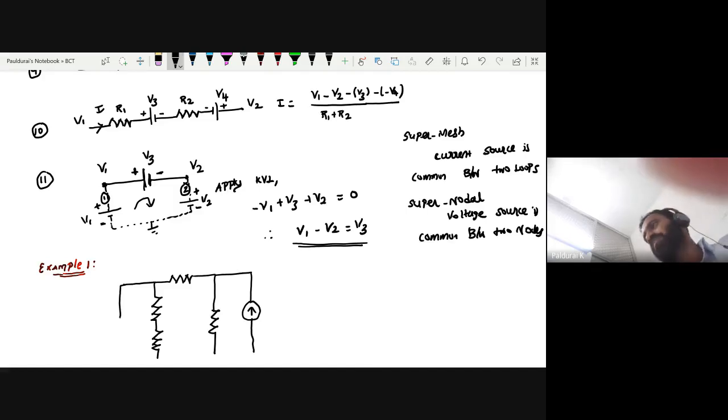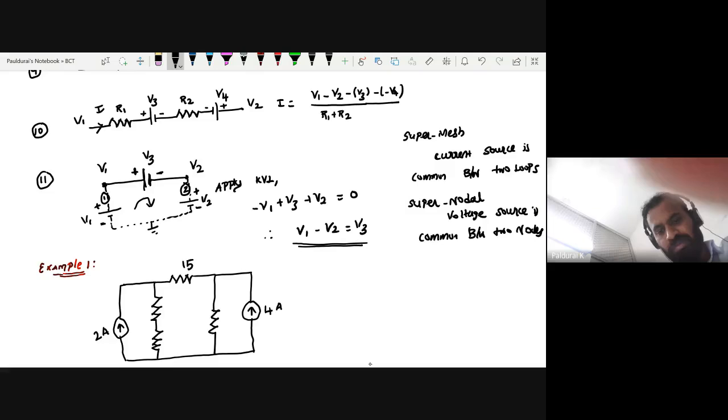My another favorite problem. Question is compute I1.